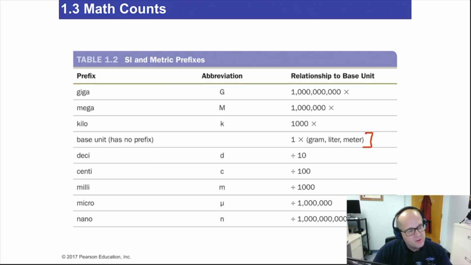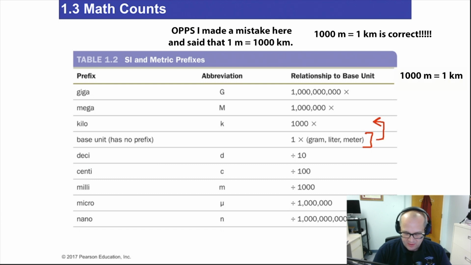What does kilo mean? Kilo means 1,000 meters. So a kilometer is 1,000 meters. But 1 kilometer is equal to 1,000 meters. And if you look at the table, we're going that way. So 1 meter equals 1,000 kilometers.